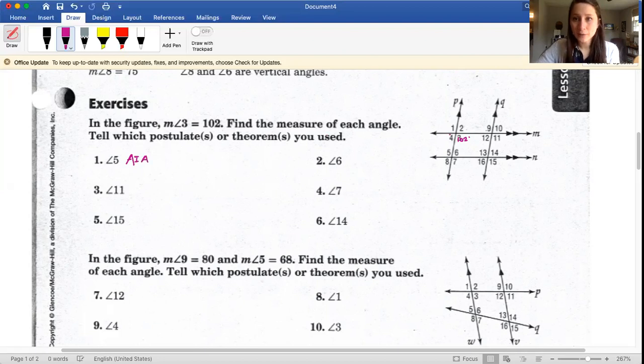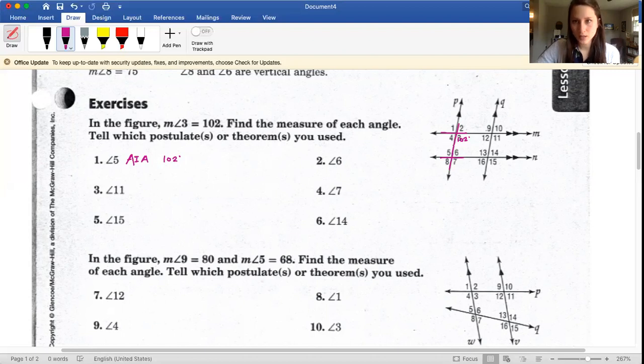The lines that form angles 3 and 5 are M, N, and P. P is the transversal. So 3 and 5 are sandwiched in between M and N, and they're on opposite sides of the transversal, so alternate interior angles. And we know that alternate interior angles are congruent, so that means angle 5 is also 102 degrees.